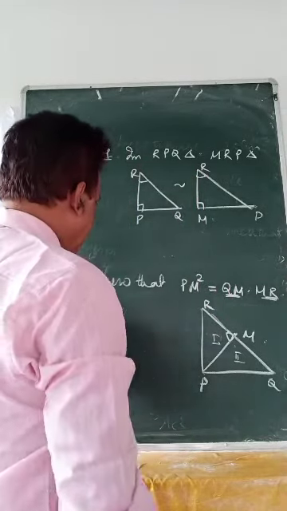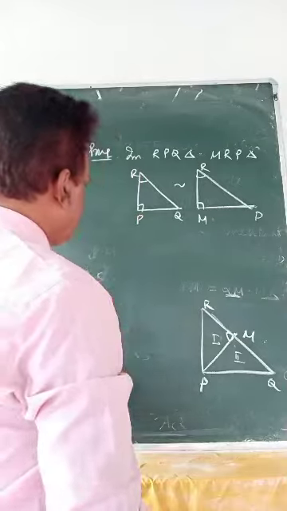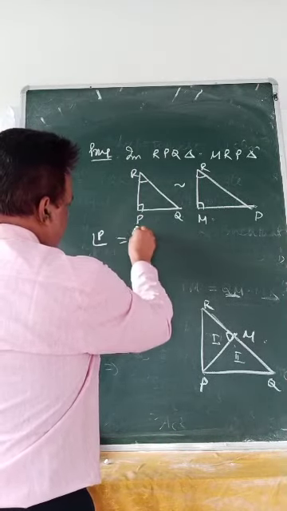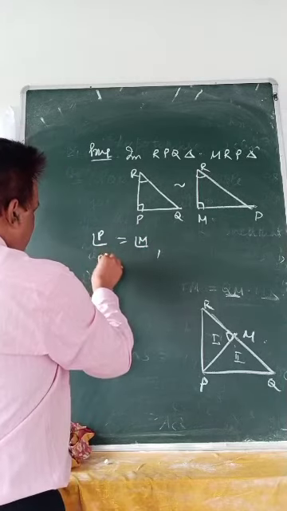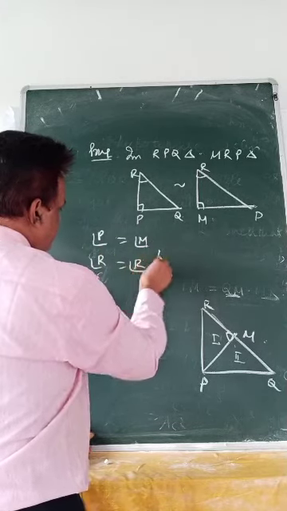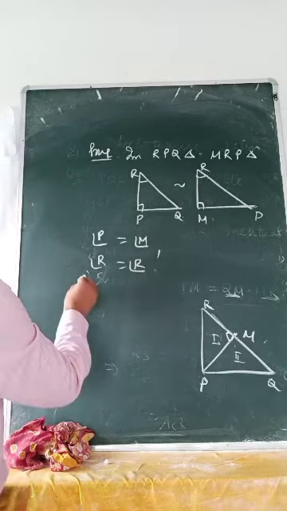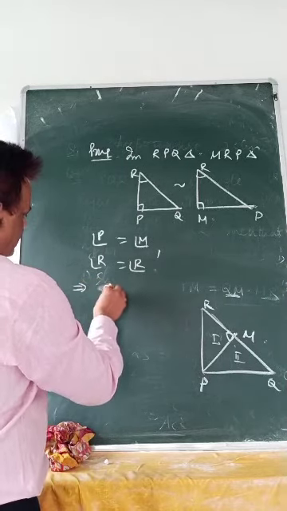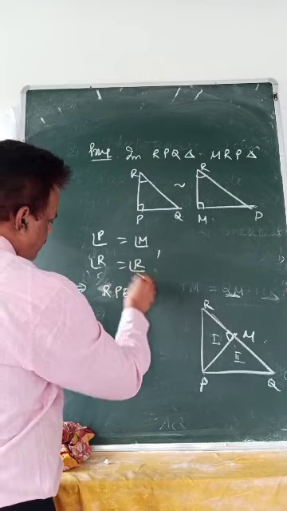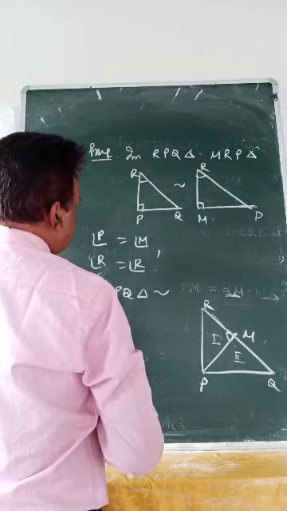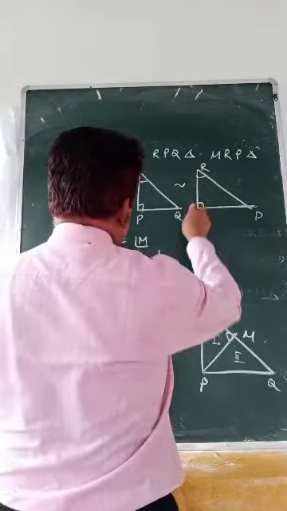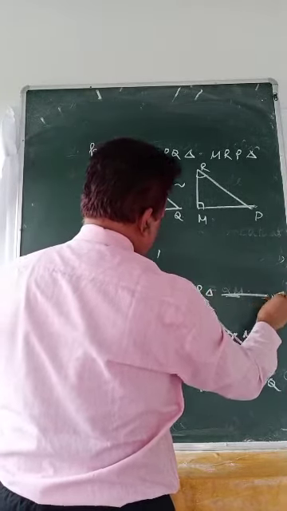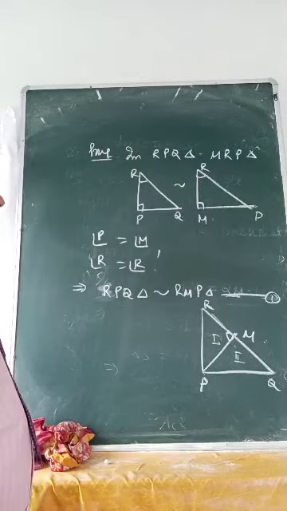Okay. Second right, P angle equals M angle, R angle equals R angle. This implies PRQ triangle is similar to RMP triangle. Equation number 1.